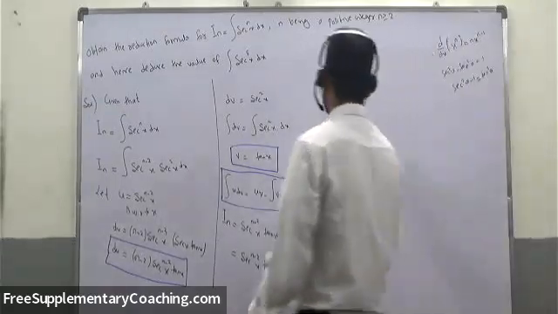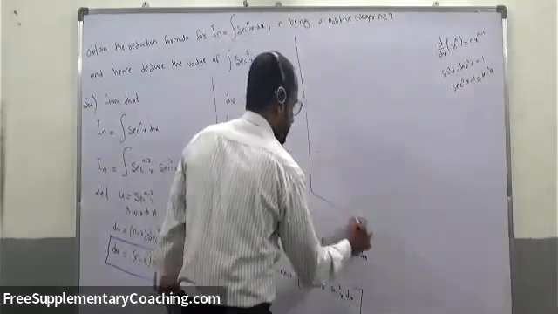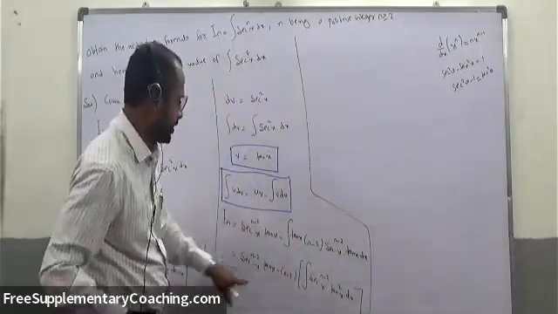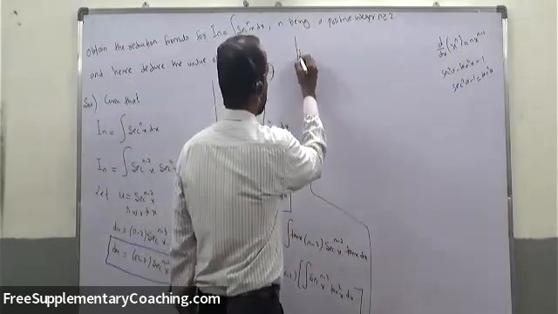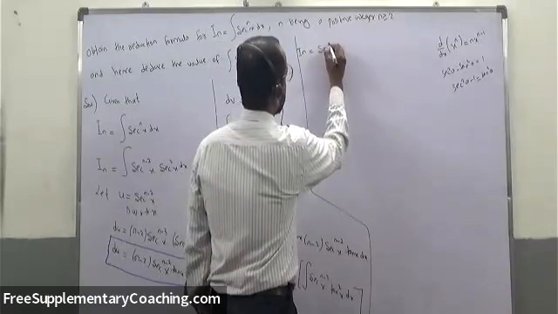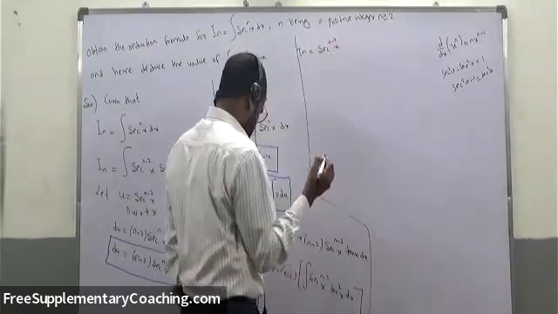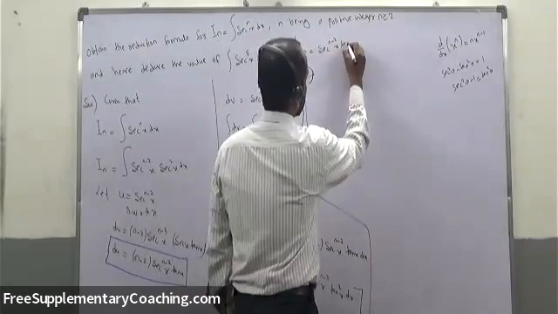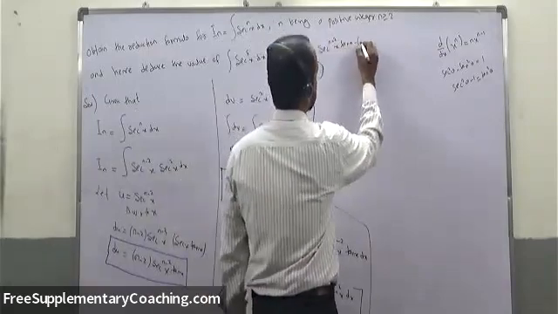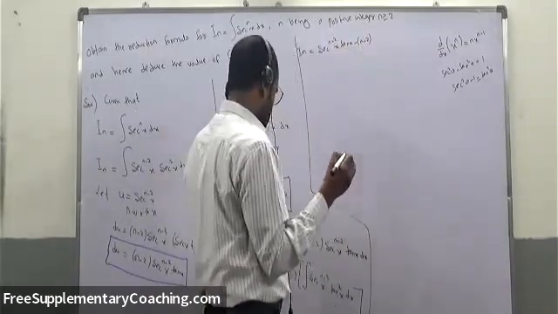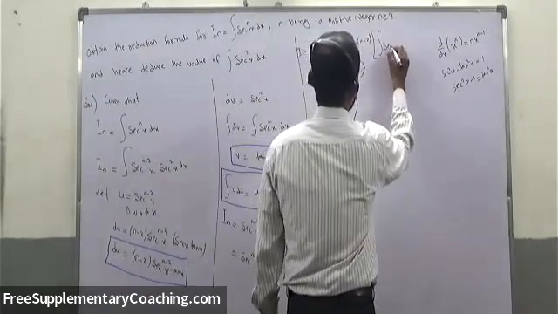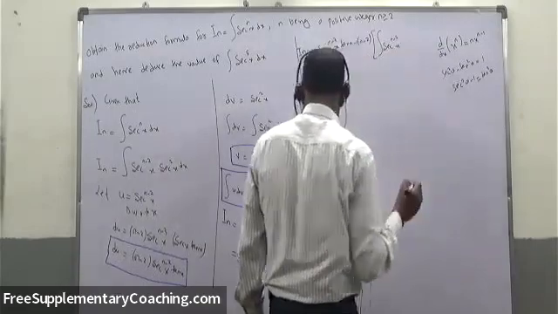So what I am getting here, look. This term is as it is. I_n is equal to secant power n minus 2 x into tan x minus n minus 2, integration of, in the bracket, secant power n minus 2 x.